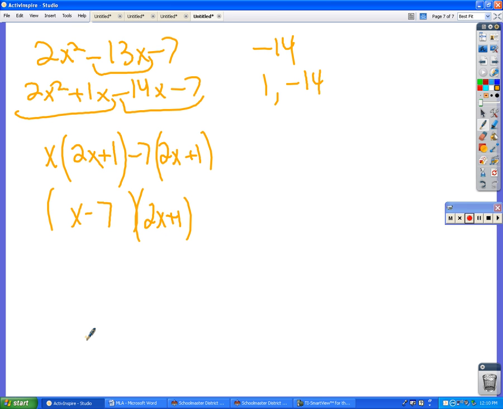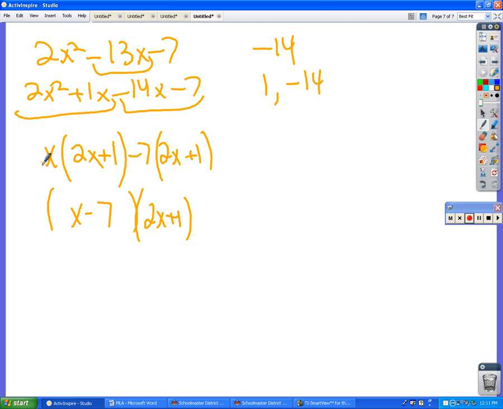The last part is easy, because it's always going to be this piece times those two things. In my head, I think, I know I'm going to take out an x, because that's the most they both have.